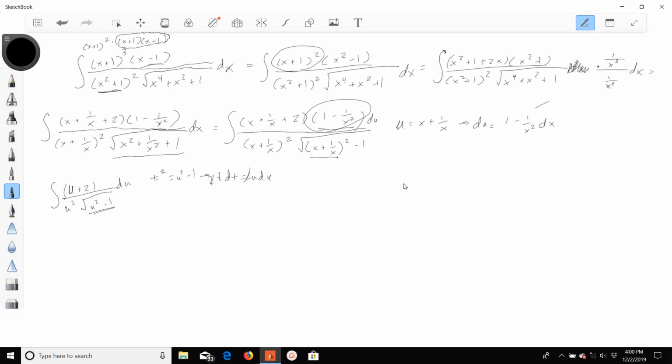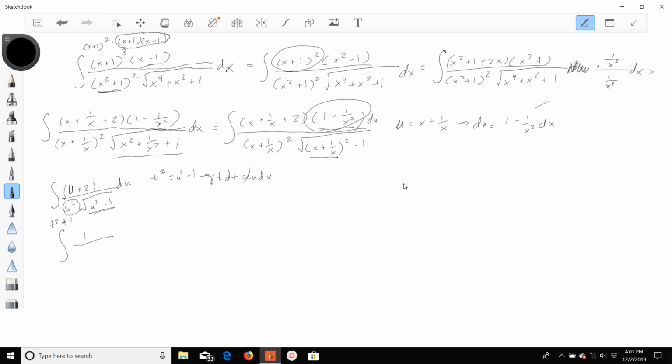So now we get the integral of 1 over, well, this u squared becomes t squared plus 1. Oh, and that's nice.